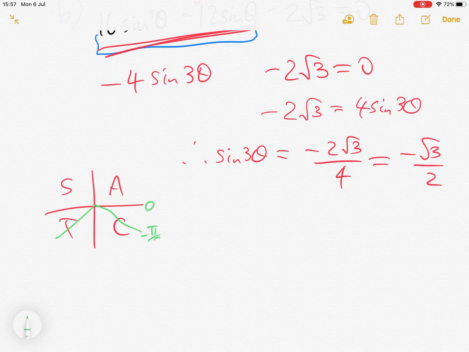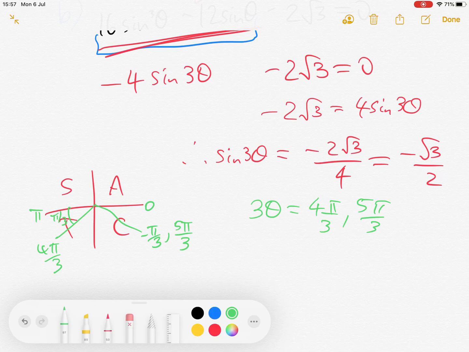So it will give us minus pi by 3 down here. But then the first positive solution will be pi add pi by 3, which is 4 pi by 3. And then the first positive solution in C will be 5 pi by 3. So 3 theta is 4 pi by 3 or 5 pi by 3.